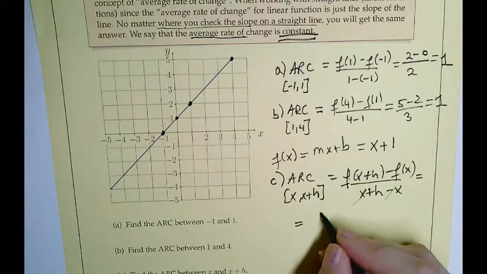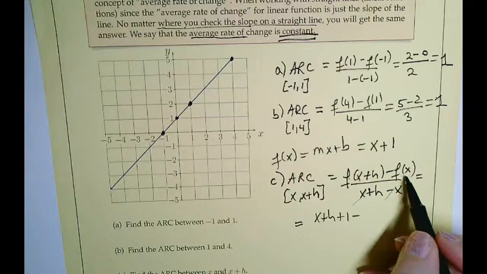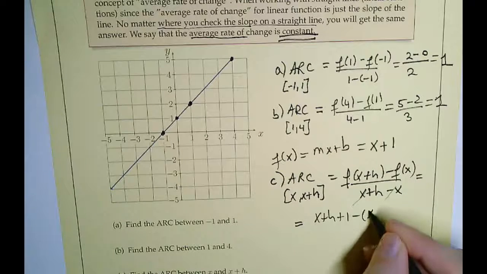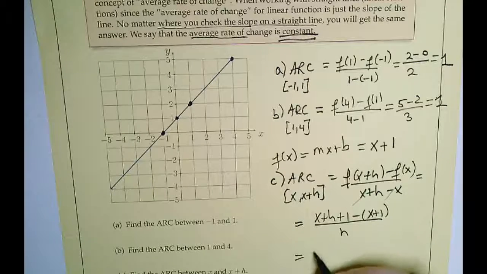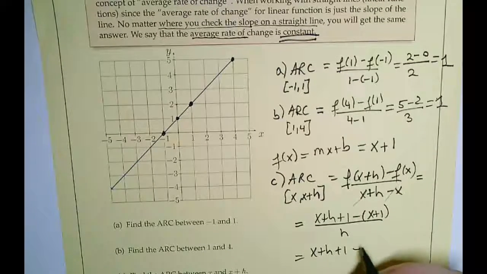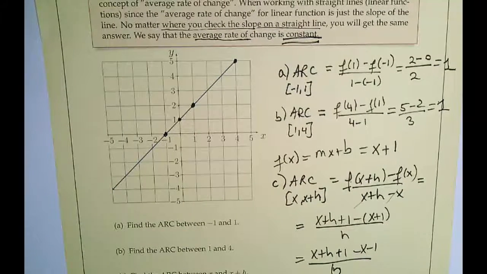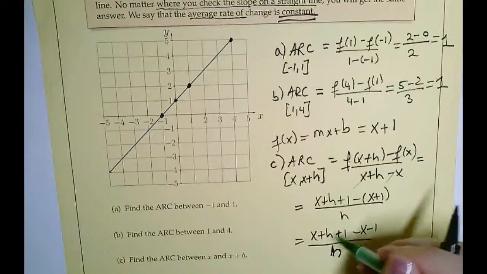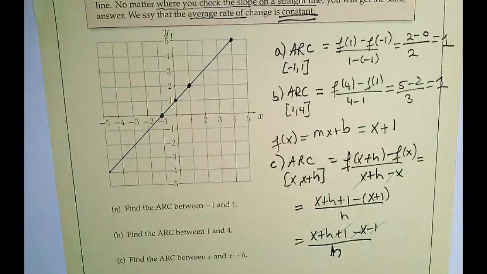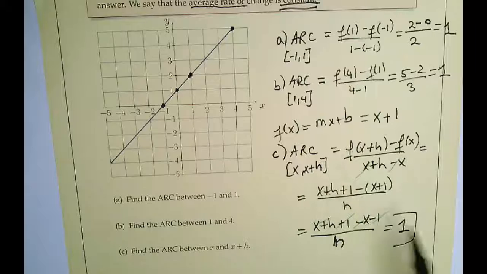So instead of x, I'm going to have x plus h and the plus 1, minus f of x, which is x plus 1, so minus (x plus 1), over h. And then this gives me x plus h plus 1 minus x minus 1 over h. The x cancels with the negative x, and the 1 cancels with the -1, so I get h over h, which is 1. And that's no surprise that the average rate of change for any 2 points is going to be 1.